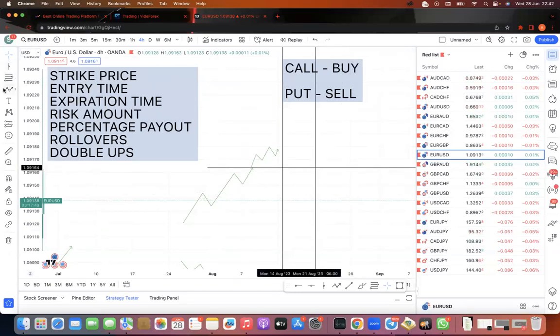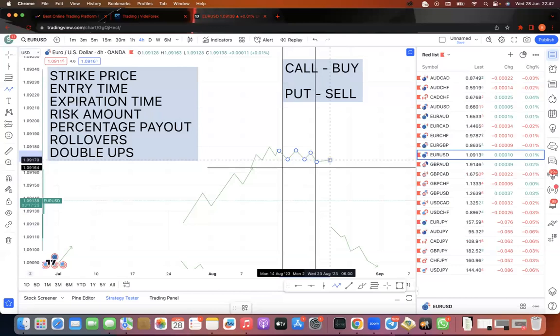So if the market goes below the price when it hits the new expiration time with my rollover, I'm going to win the trade. It comes at a cost, which I'm going to explain. But if, as I roll over this first time, the market is still above this line, and I still know that the market is going to go down, what am I going to do?